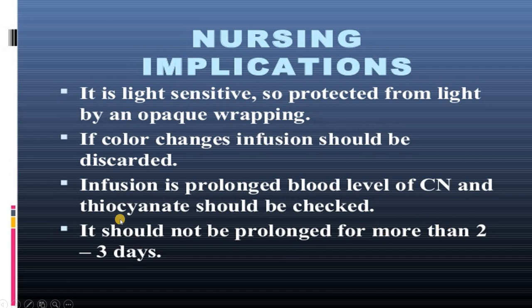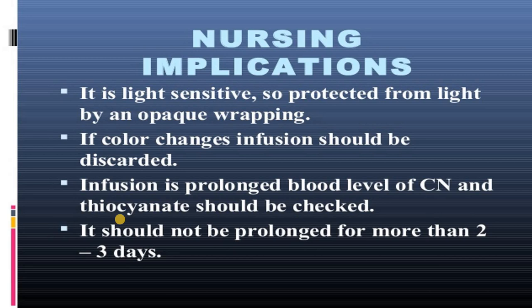Whenever you put an NTG infusion pump, putting 2 ampules of NTG to last 2 weeks is wrong. Whenever you put NTG in a 50 ml syringe and give it through the infusion pump, it is changed every 2 days.